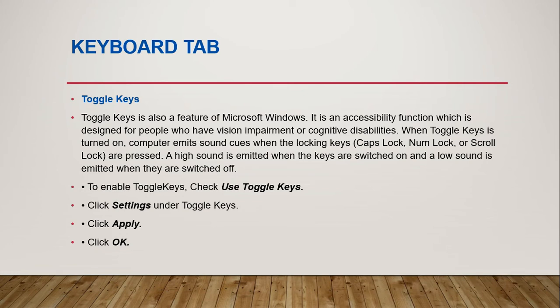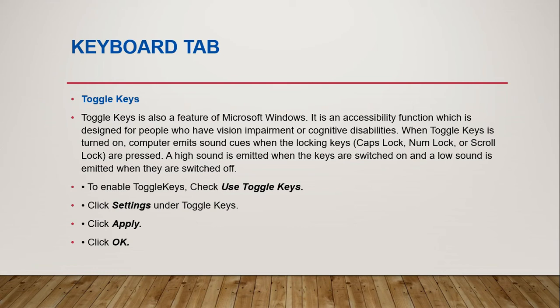Toggle keys are for someone having vision impairment. Someone who cannot see visually, who has partial blindness, can use toggle keys. While pressing caps lock, num lock or scroll lock buttons, they will get a beep sound.